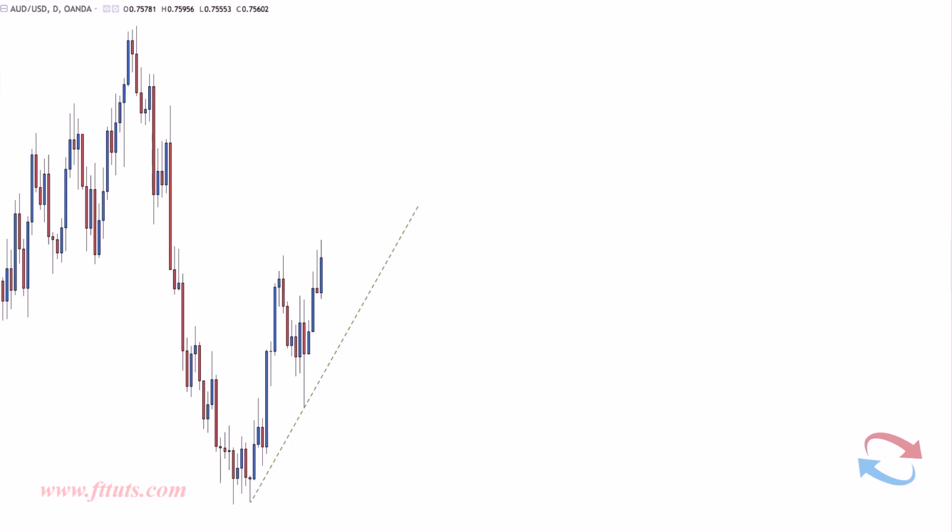A trend line really stays where it is until a new high is made. So what we've got here is a move up, move down. This area would have been the high. We get a bullish candle and we get a wick right above that high.